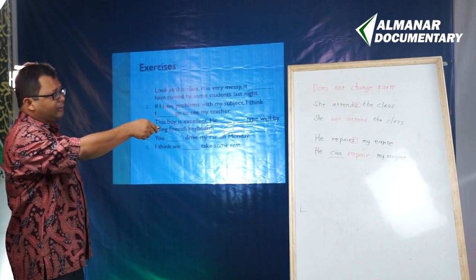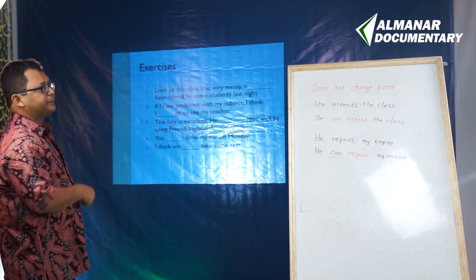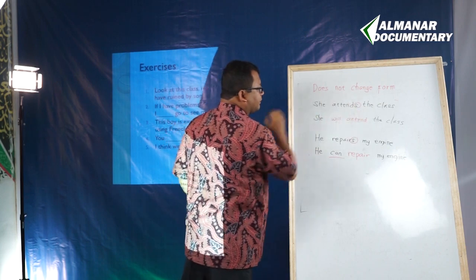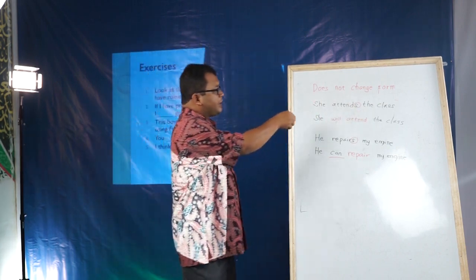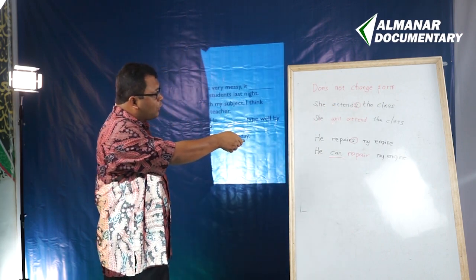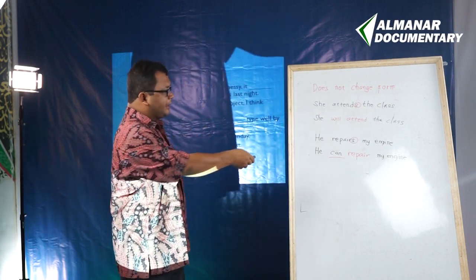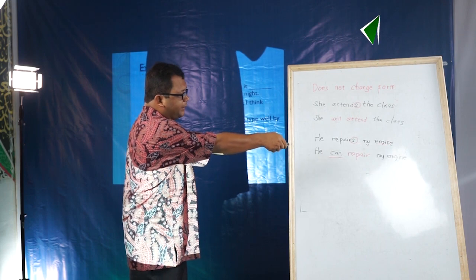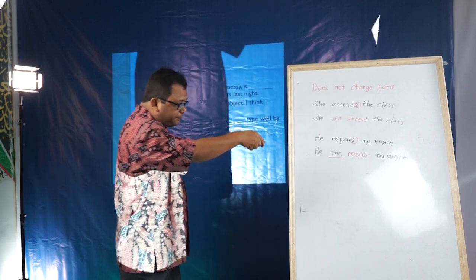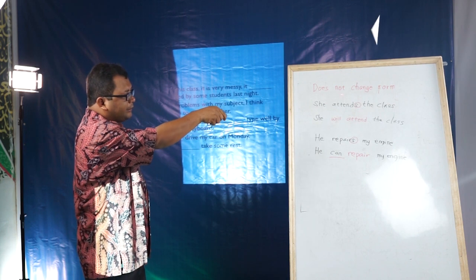Remember, when we have a modal form, it does not change form. She attends the class here because of verb agreement: she, third singular person, must have S at the end. But now look, she will attend the class, no more S. And he repairs my engine. Look, he can repair my engine, no additional S, because when we have a modal, it does not change form.